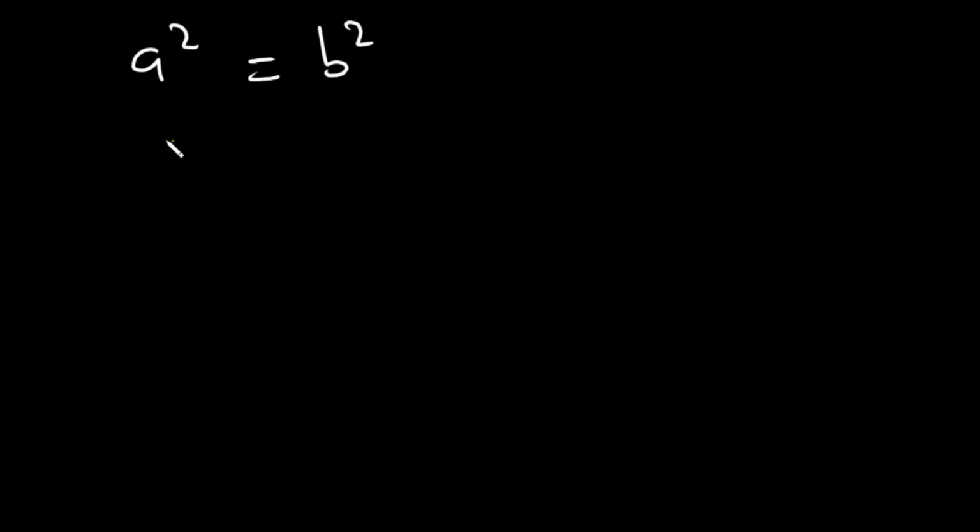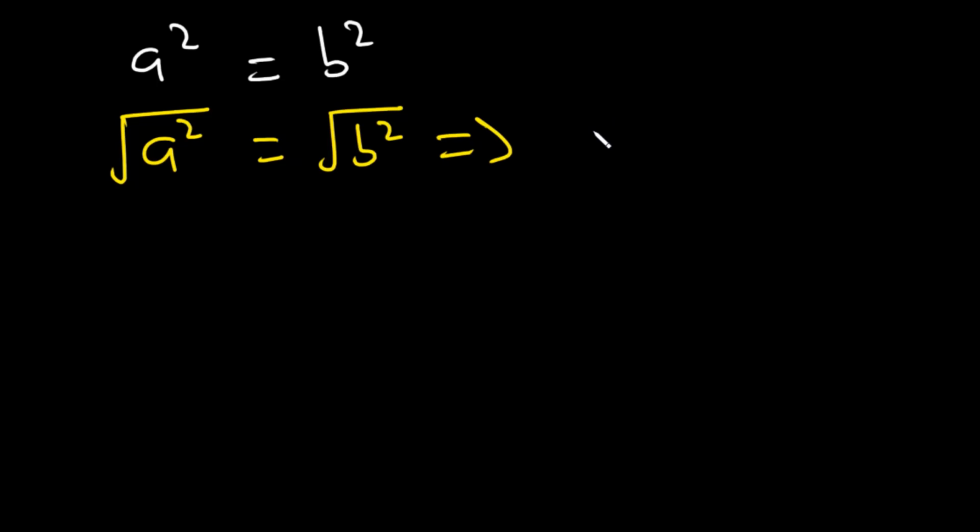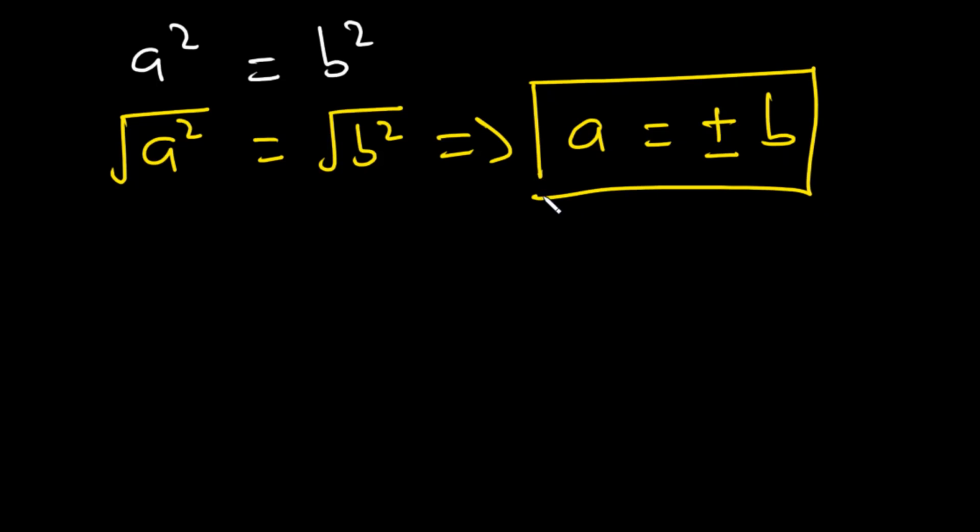So the square root of a squared is equal to the square root of b squared, and then a is going to be plus or minus b. So we are going to have a equal to b and a equal to negative b.